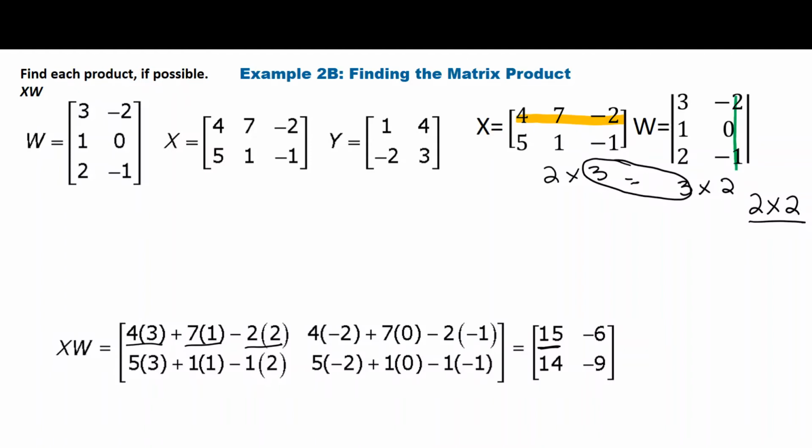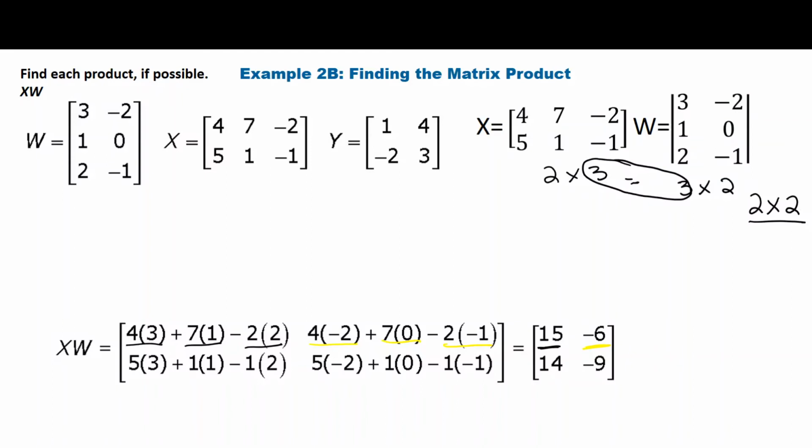All right, so we're going to multiply again. Here we're going to say 4 times negative 2 plus 7 times 0 plus negative 2 times negative 1. All right, when we add that together, negative 8 plus 0 minus 2 is negative 6. All right, so far so good.